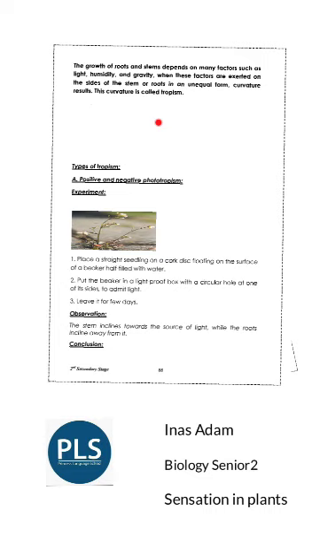If the plant is exposed to these factors from only one side, another form of sensation in plants occurs, which is called tropism. So, what is the meaning of tropism? Tropism means curvature or bending of plant parts toward a stimulus or away from it.